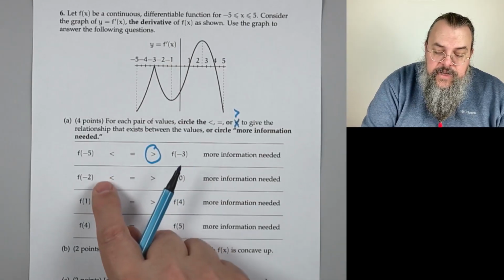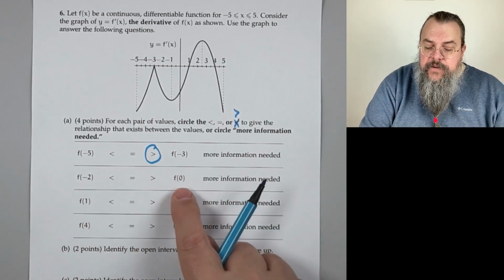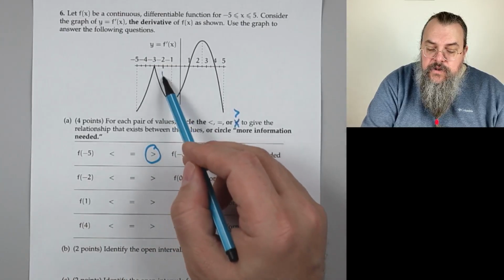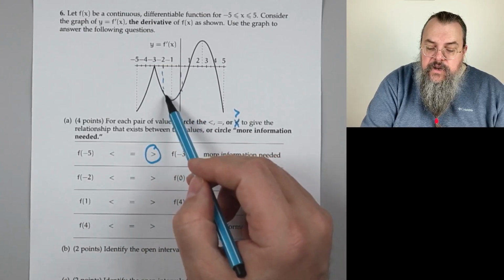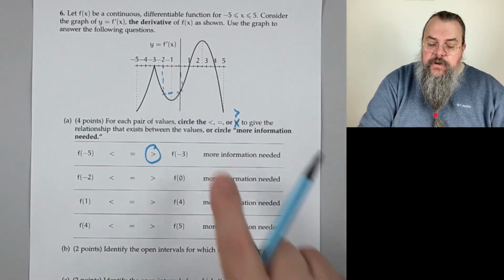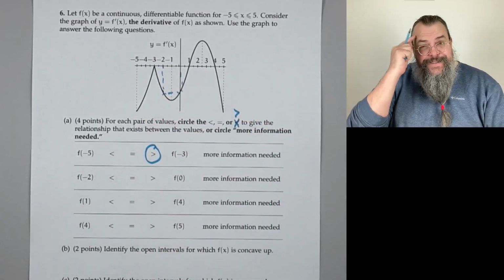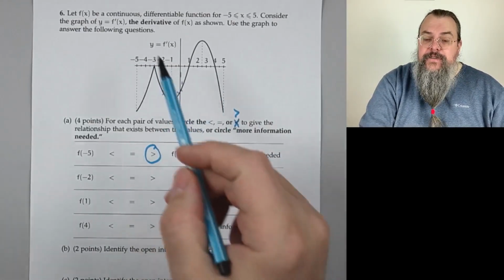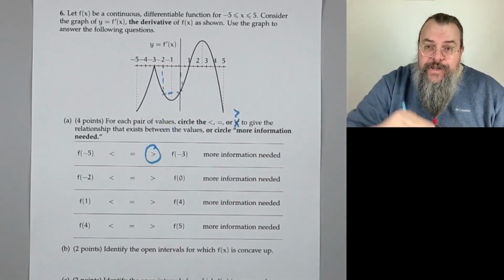Okay, f of negative 2 and f of 0. So negative 2 is here, 0 is here. Now, of course, they're trying to say, oh, same value. No, we're not going to fall for their trick. We're negative, right? So negative says we're going down.